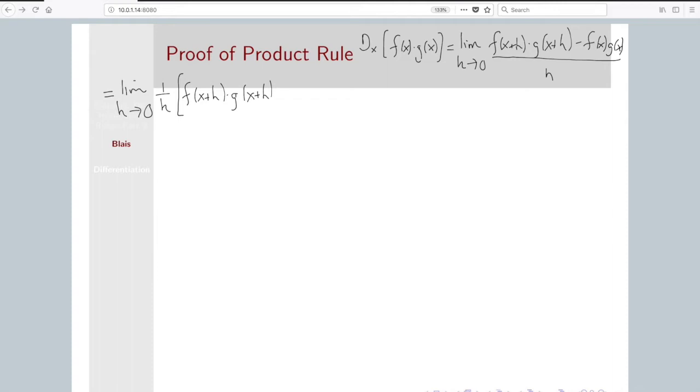But we then add and subtract: we subtract f of x times g of x plus h, and then we add it back, f of x times g of x plus h. And then we still have the minus f of x times g of x term. So we haven't changed anything.